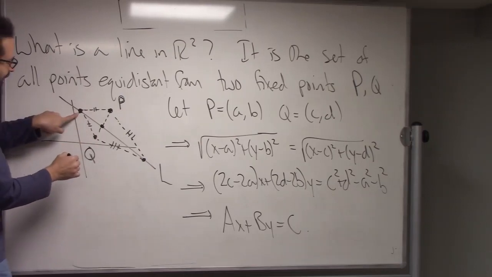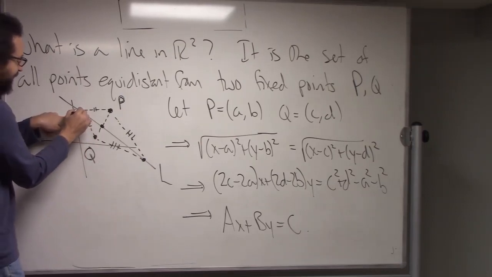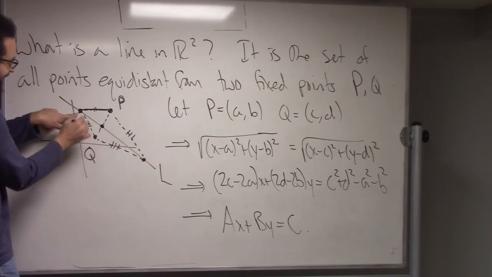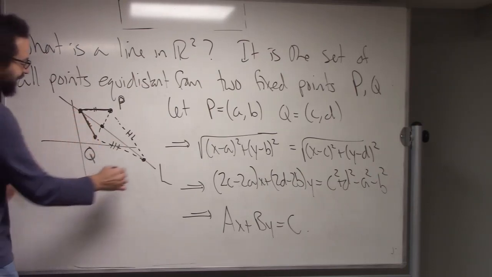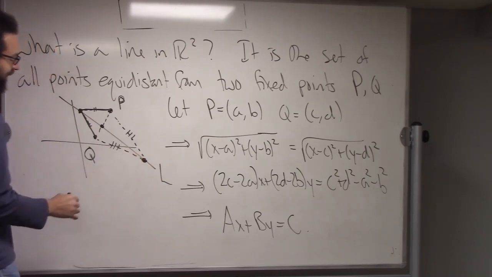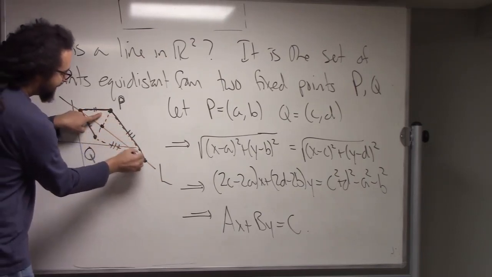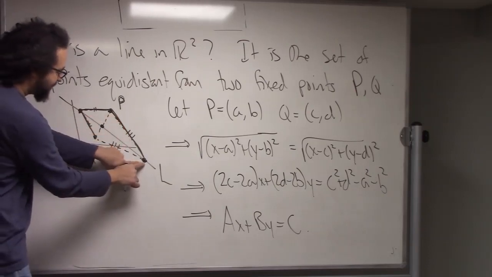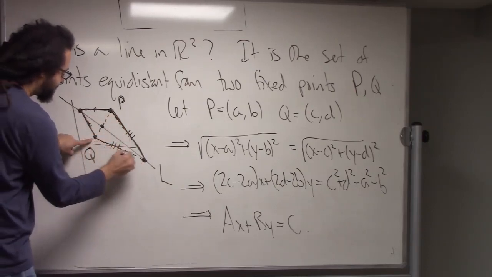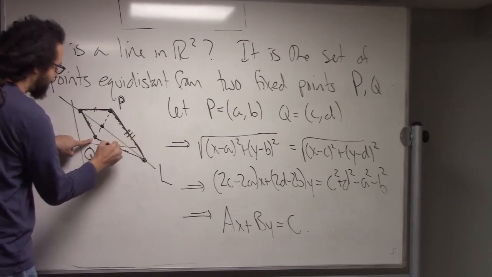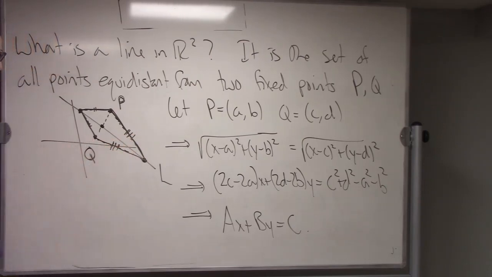Here's a point on the line. The distance from this point to P is the same thing as the distance from this point to Q. Here's another point on the line. The distance from this point to P is the same thing as the distance from this point to Q. We use three tick marks to let us know these two segments are congruent.